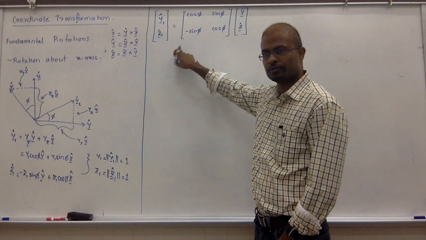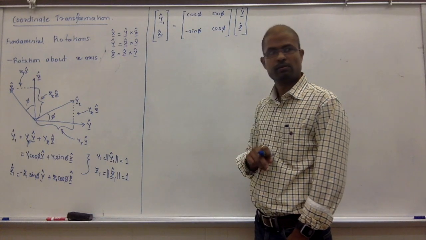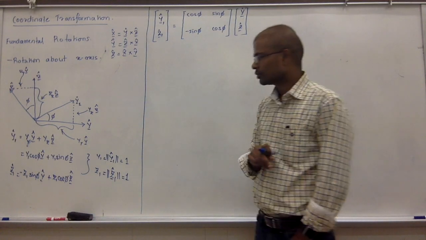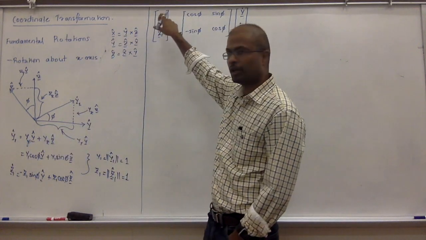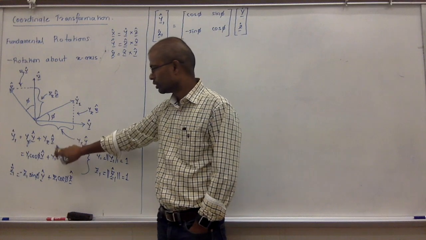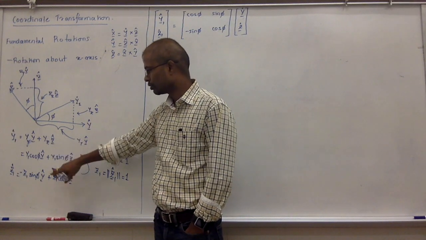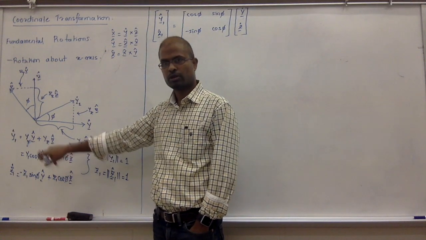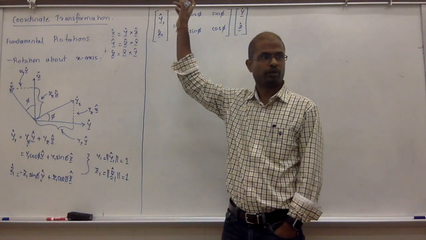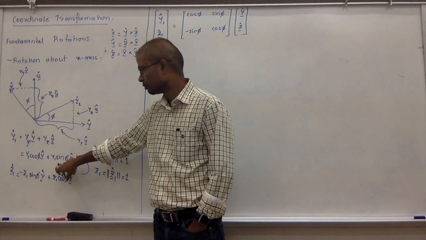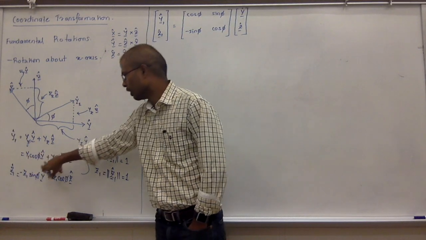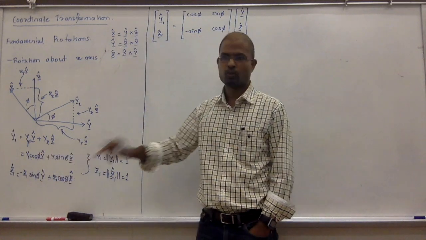You agree with this? So I just wrote this y1, z1 in a matrix form. You have to think about these two as two simultaneous equations. We are writing it in a matrix form. So you have cosine phi, sine phi. y1, z1 would be 1.